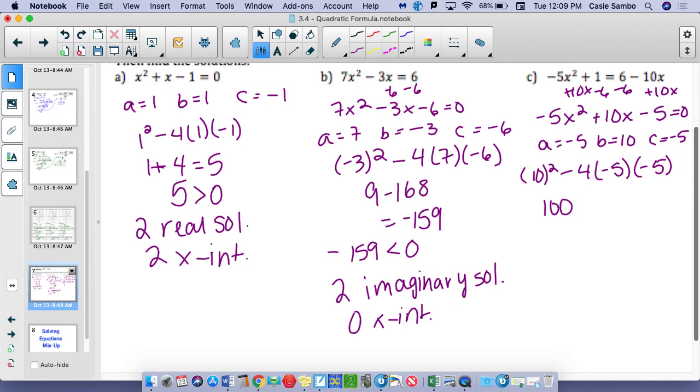So 100 minus, negative times a negative is a positive, times another negative is a negative, 4 times 5 is 20, times another 5 is 100. So we get 100 minus 100, which equals 0, which means that there's one real solution and that there would be one x-intercept.